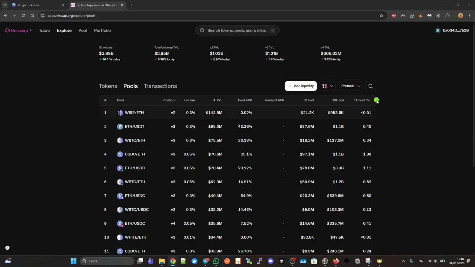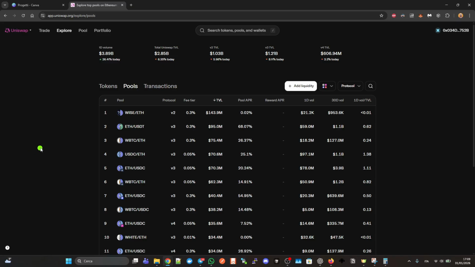And this is a capital efficiency metric. Of course, 0.01 means that 1% of the liquidity is traded per day. If it is higher, the liquidity is used more. So this is one of the best quick signals.